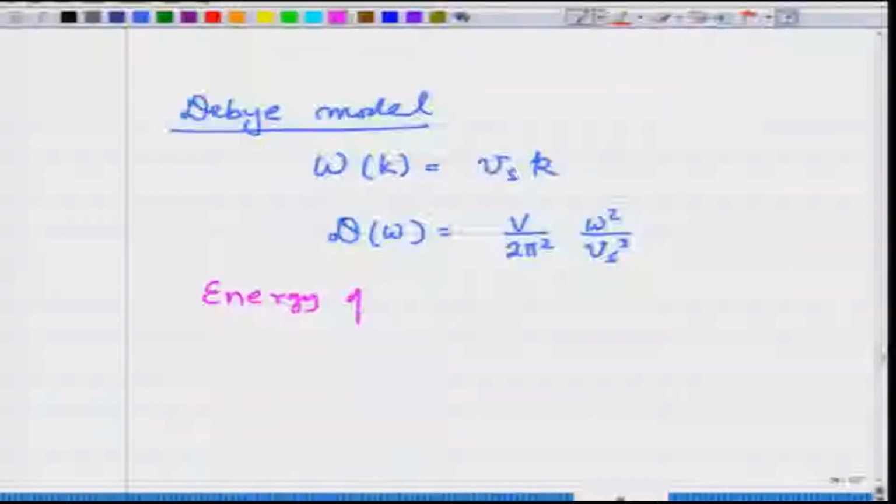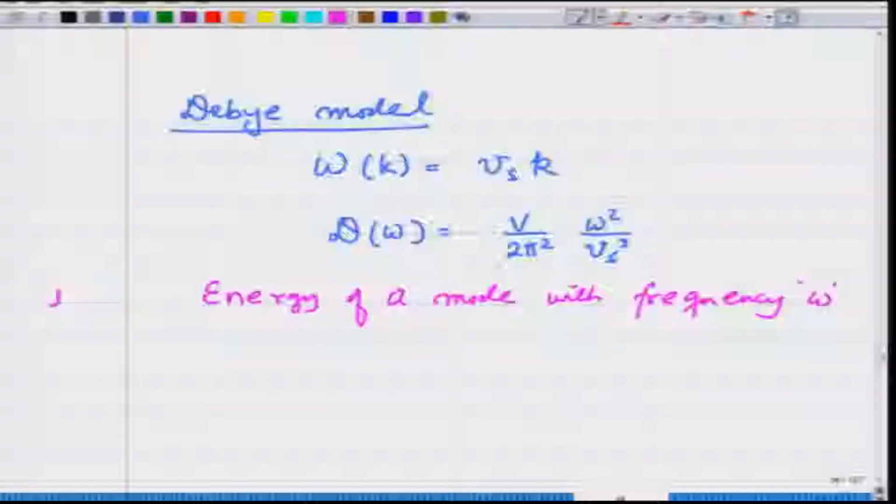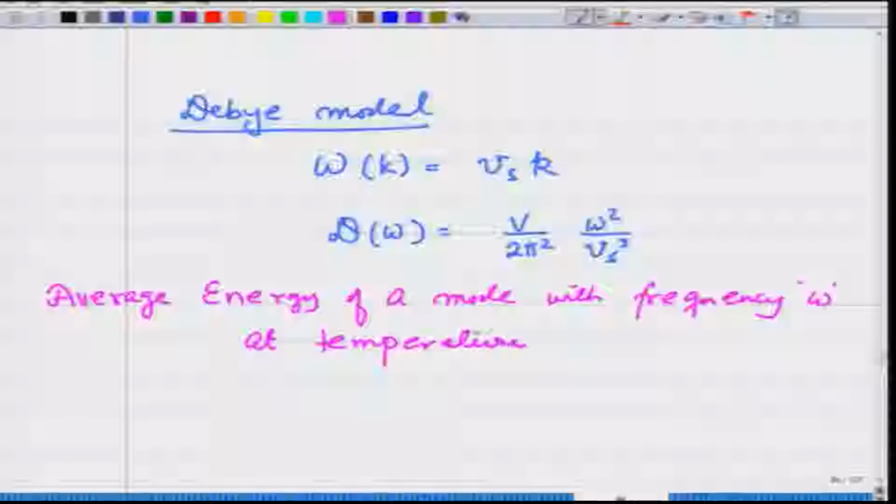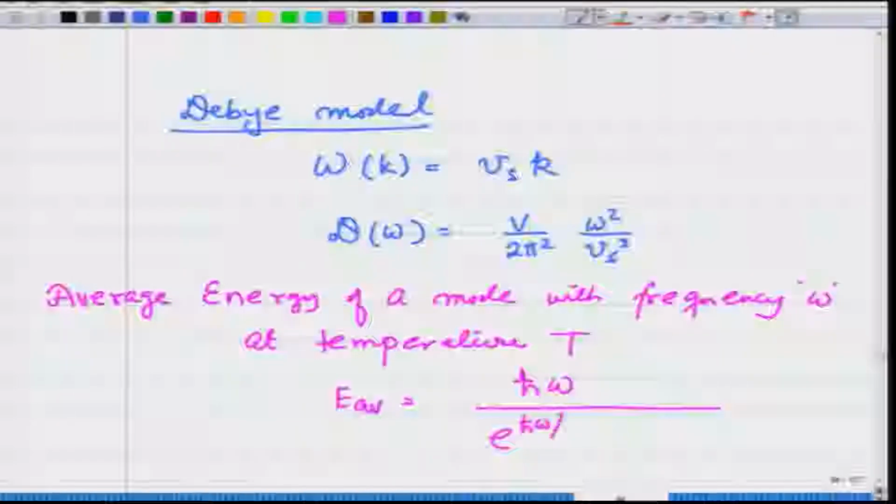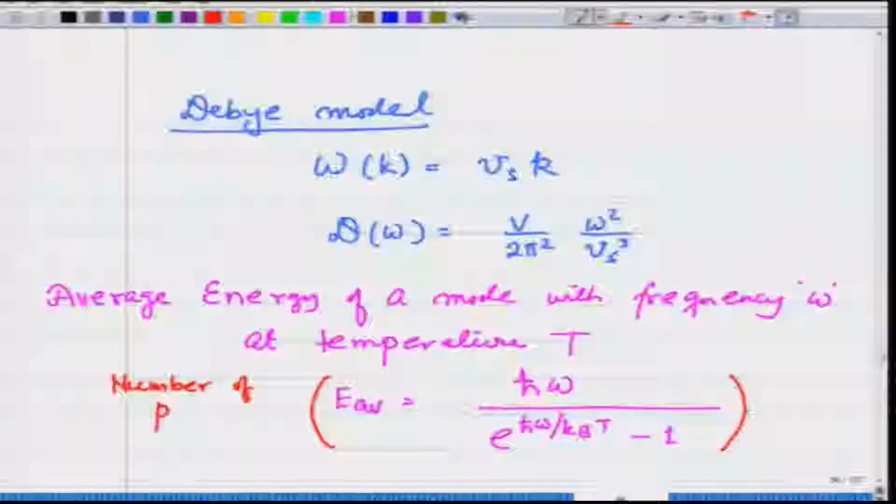the average energy of a mode with frequency omega at temperature T, and this came out to be, let us call it E average, h cross omega over e raised to h cross omega over k Boltzmann T minus 1, and on the side it also meant that the number of phonons is equal to 1 over e raised to h cross omega over k b T minus 1.